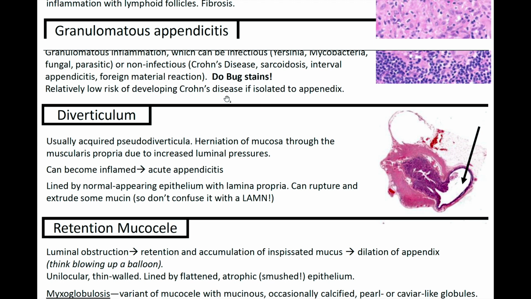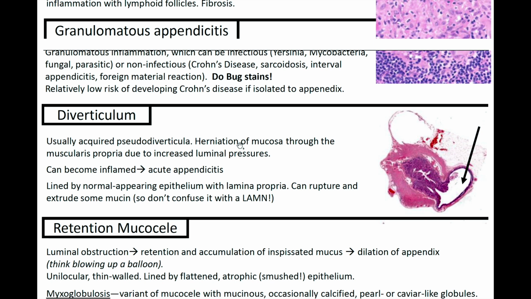Next up, we've got a diverticulum. A diverticulum is usually an acquired pseudodiverticulum, which is a herniation of the mucosa through the muscularis propria due to increased luminal pressures. So you see here, if you have increased pressure, it could cause that to pouch out, causing a diverticula.